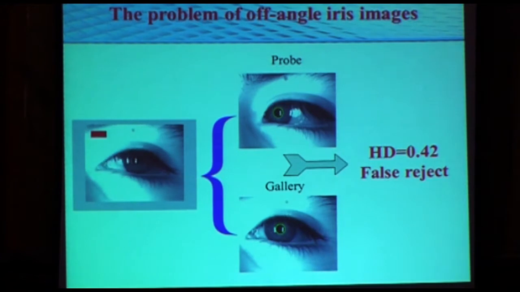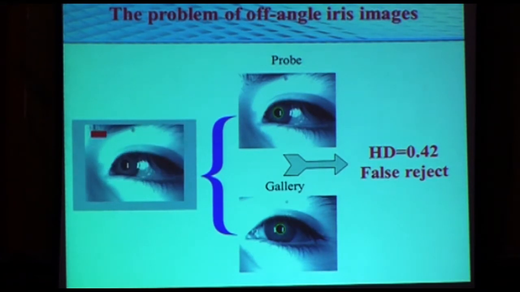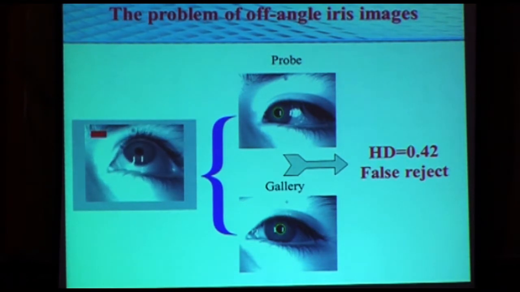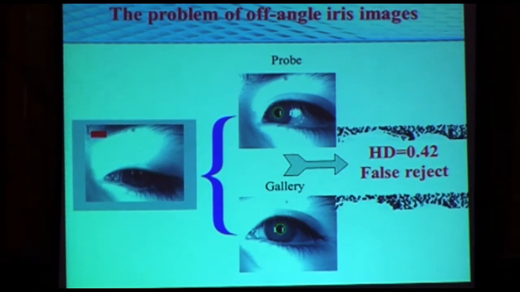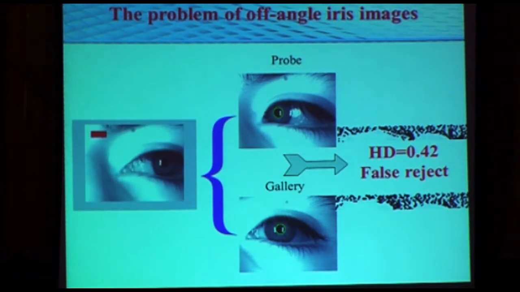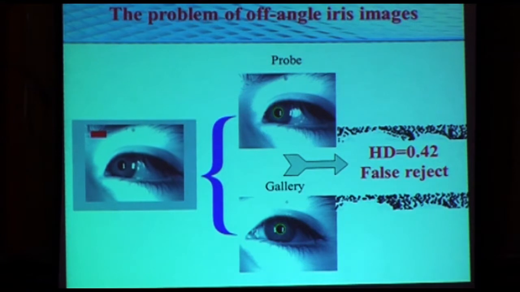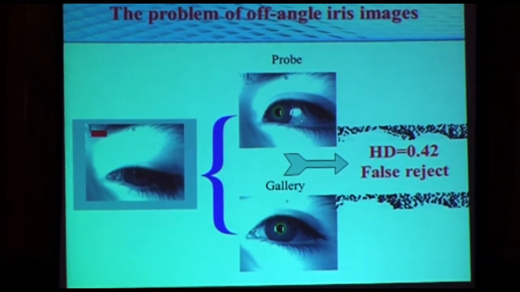In the traditional iris recognition procedure, where the gallery sample is on-angle, or maybe frontal, and the probe sample is off-angle, with the uniform framework, their Hamming distance is so large. It causes a false reject. Here, green means the frontal samples and red means the off-angle.